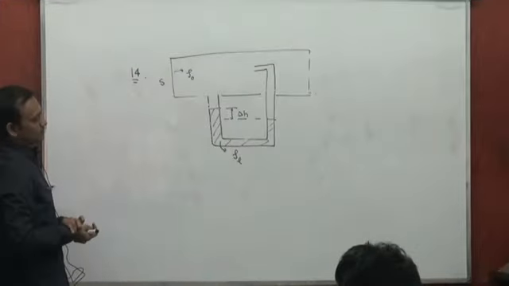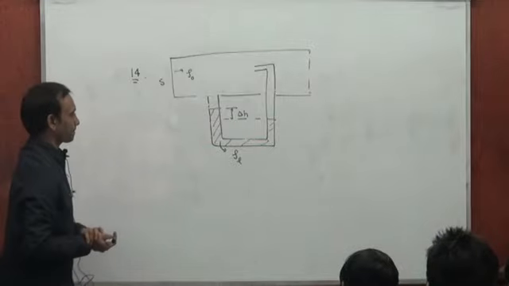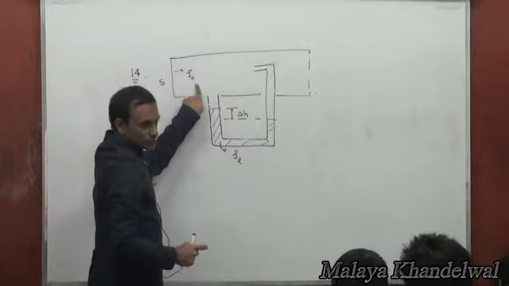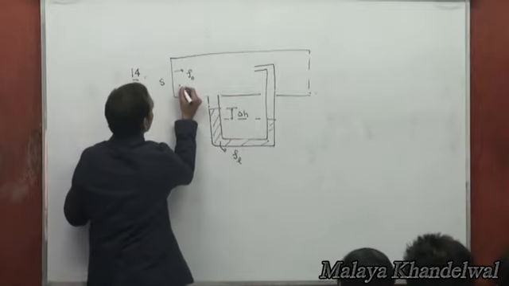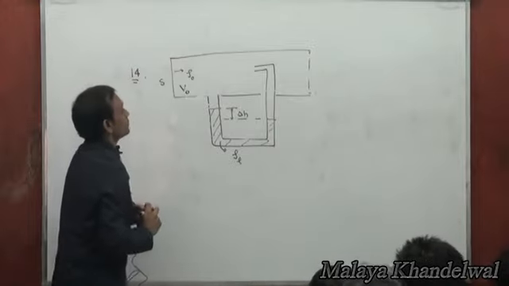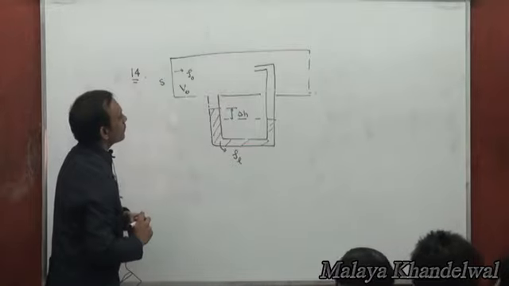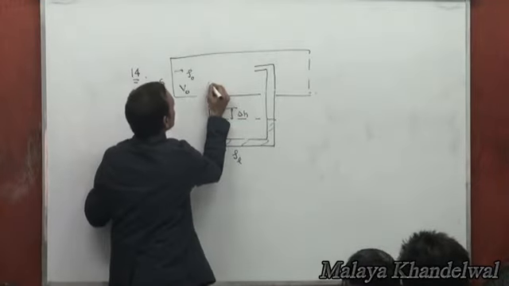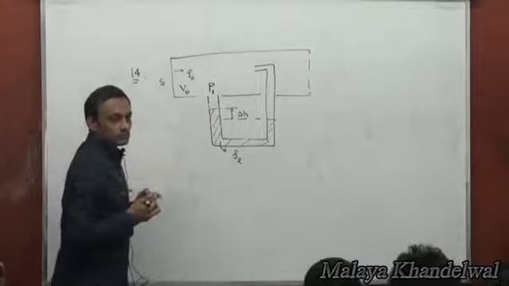So in this standard arrangement, there is liquid flowing through this with a certain velocity, call it V naught. V naught is the velocity with which it's flowing. Now, right above this, let's say the pressure is P1.